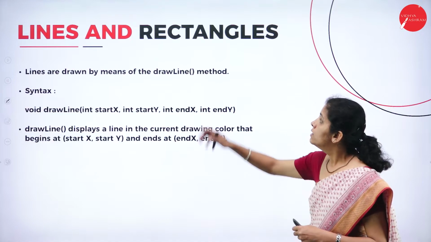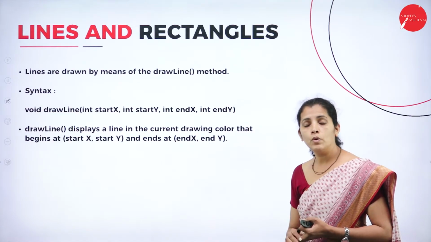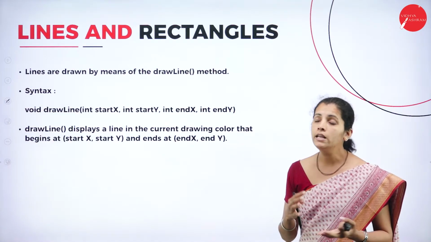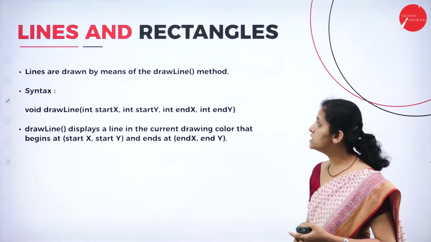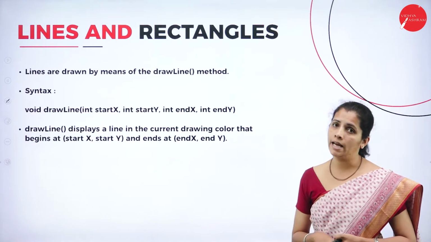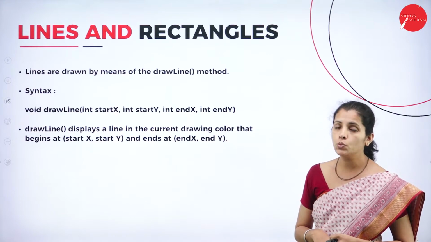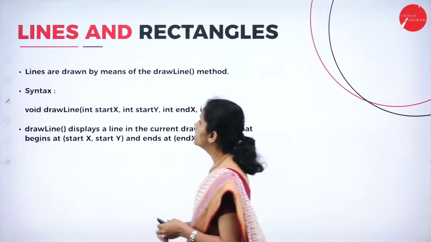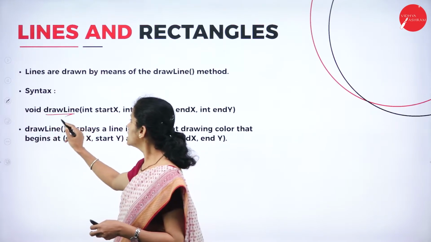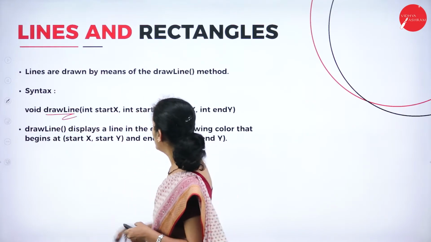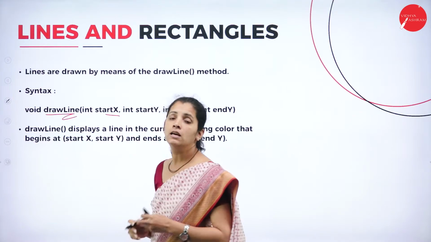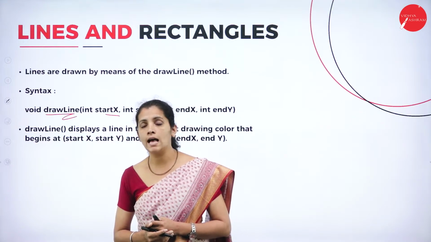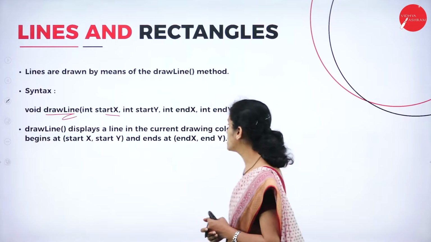And these are some of the methods present under the Graphics class. Now, there are some methods I'm going to discuss in detail. So, the first one, lines and rectangles. There are certain situations where I want to draw a line. For that, I'm going to use the method called drawLine, and I'm going to specify the starting x as well as the ending x.